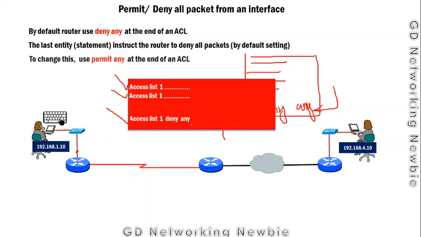But we can override this by using permit any. If we use permit any, it means we changed this setting. The deny any will stay there, but permit any means that before going to this line we have used permit any, so this will permit the packets and they will not go to the next entry.